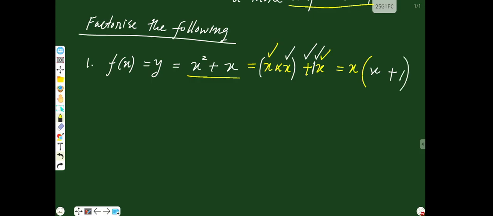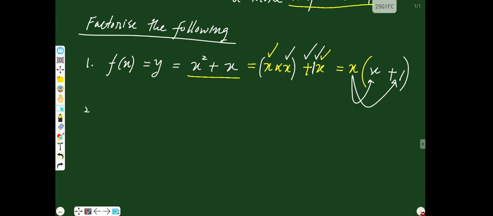Now how do you make sure that your factorization is correct? You can always double check by multiplying out the brackets. So x times x is x squared, you are recovering that, and x times 1 would be x, and you are recovering that also. So that would be the answer to that question.